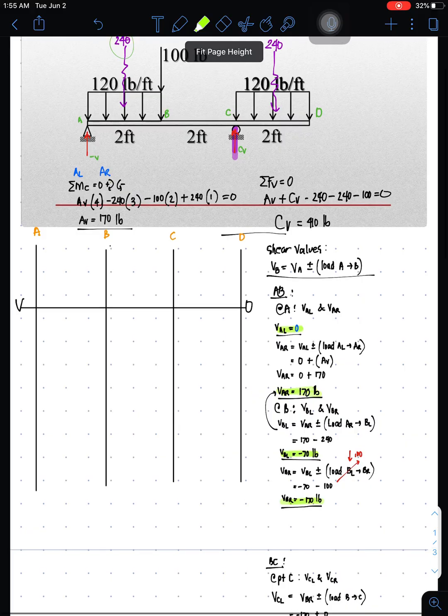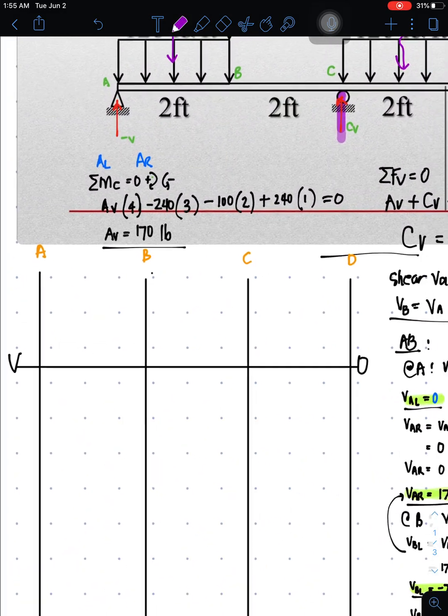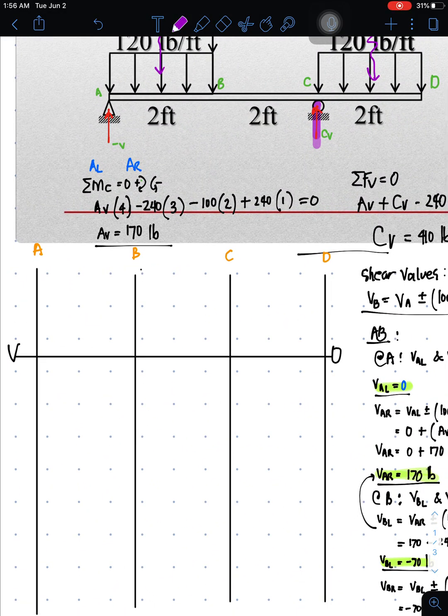So let us plot. Starting with the value 0. I'll start the value at 0. Okay, that's point A, right?